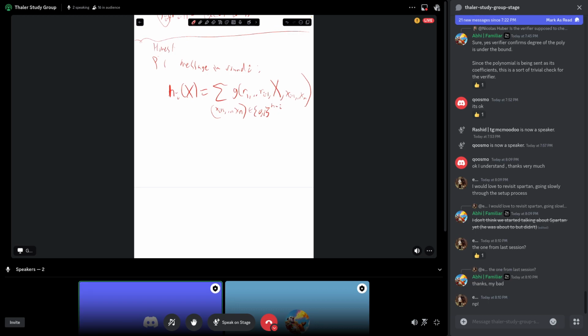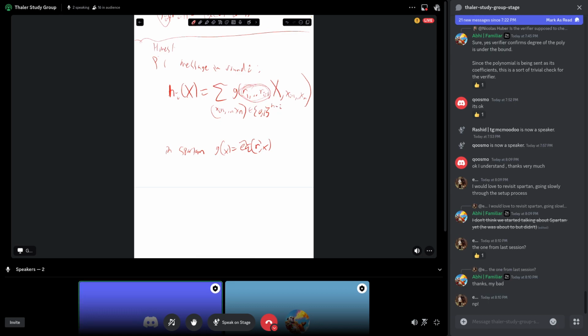For the moment, to have a concrete application, in Spartan, g was eq-tilde(r', X) times (A-tilde(X) times B-tilde(X) minus C-tilde(X)). I'm sticking a prime here since I used r for the sum-check variables.